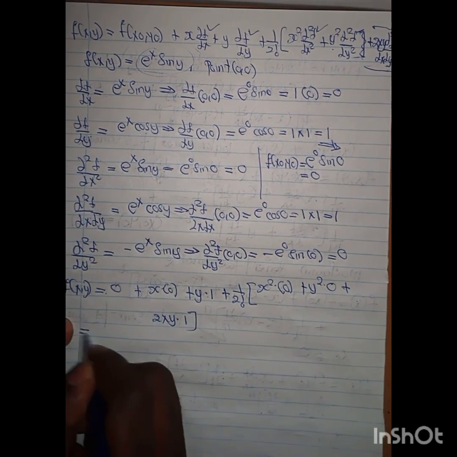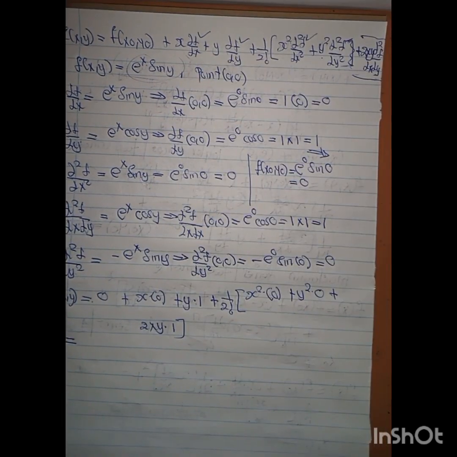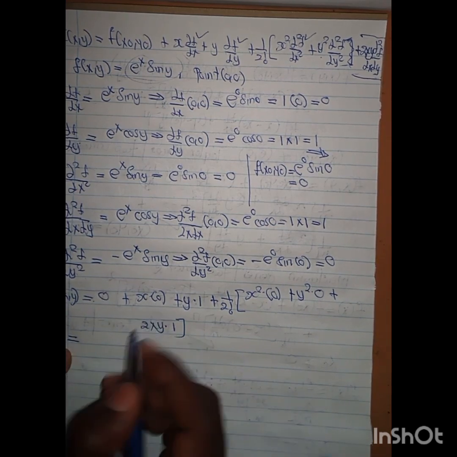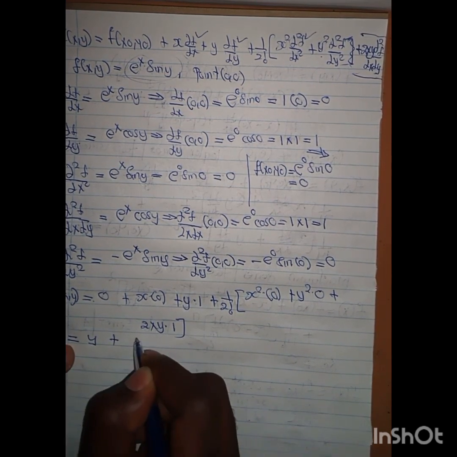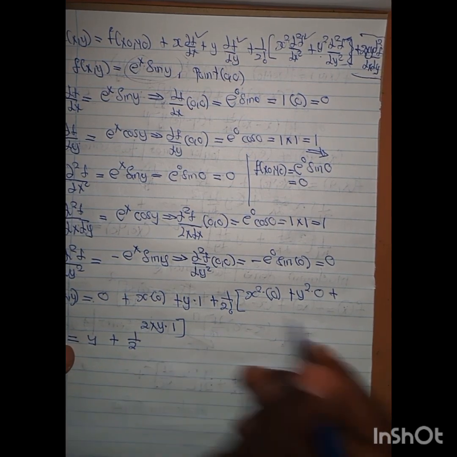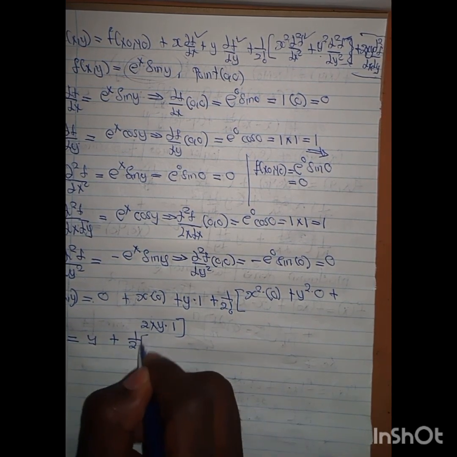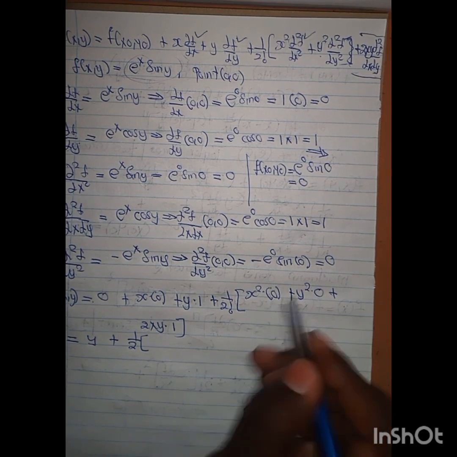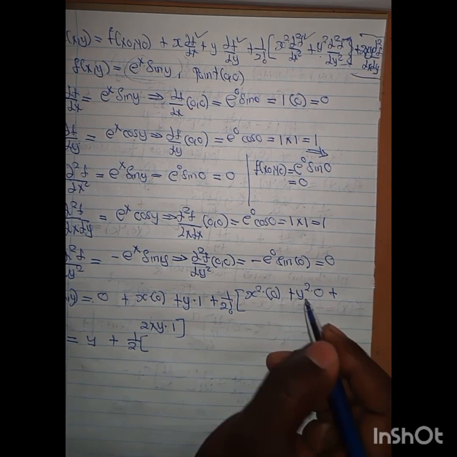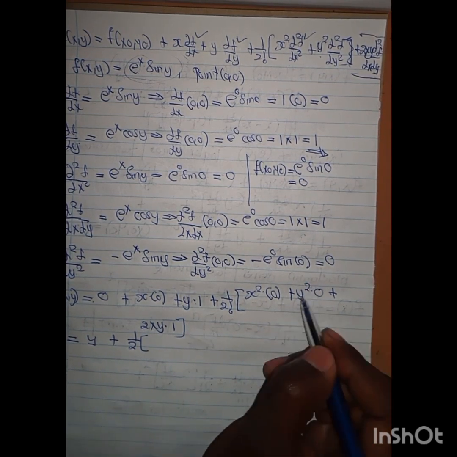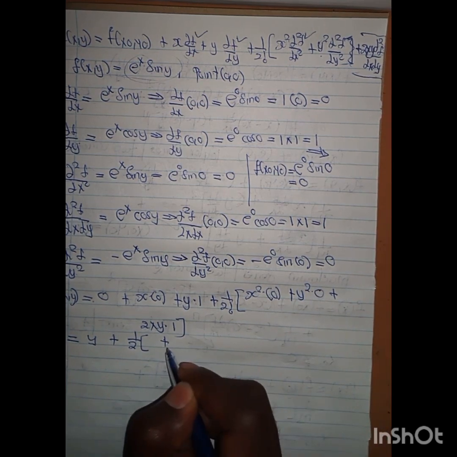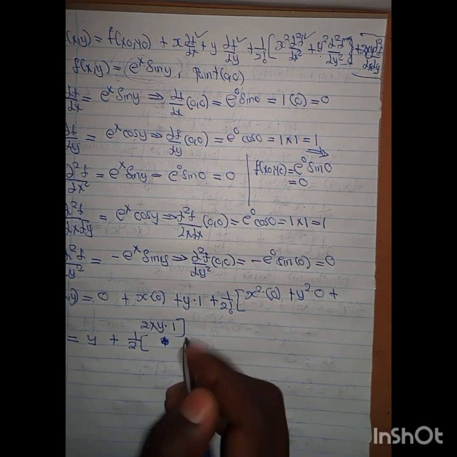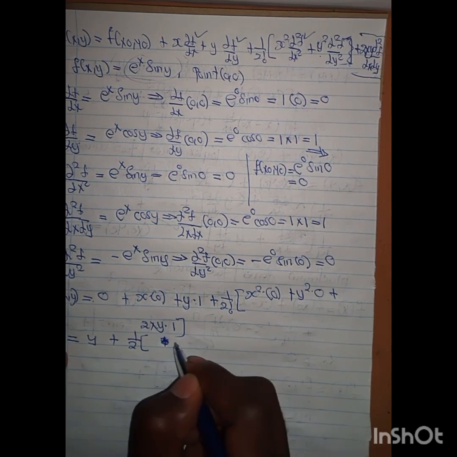Now let us simplify and see what we get. We have 0, x times 0 is 0, y times 1 is just y, plus 1 over 2, 2 factorial is 2 times 1. Then inside the bracket, x squared times 0 is 0, y squared times 0 is 0. So what we get is nothing but 2xy.